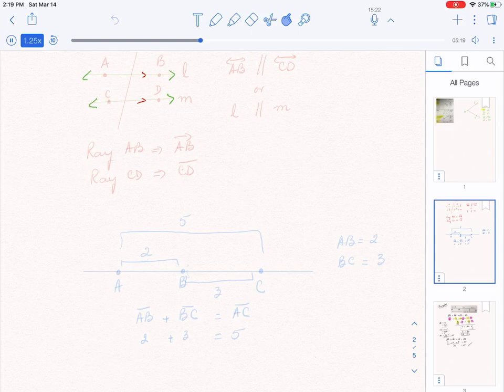Okay, let's say I'm going to have line AB, line L and line M. We can say line AB is parallel to line CD.